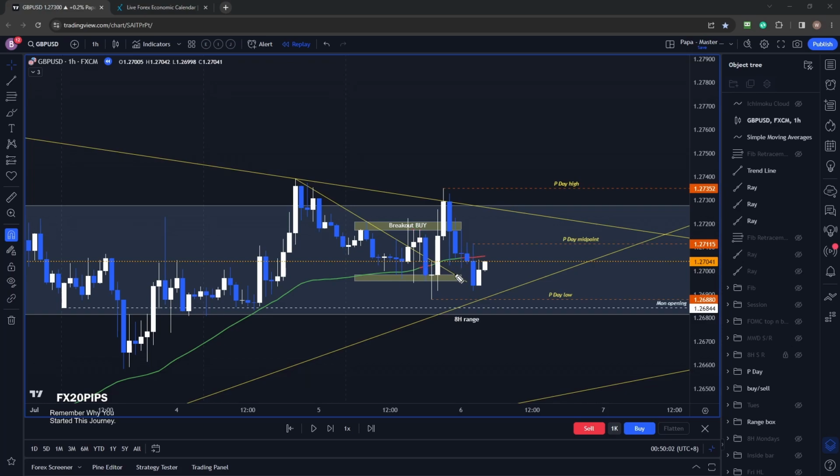But what happened is that the candle never closed below the sell zone. On a bigger picture, remember that this is our 8 hours range box, represented here.